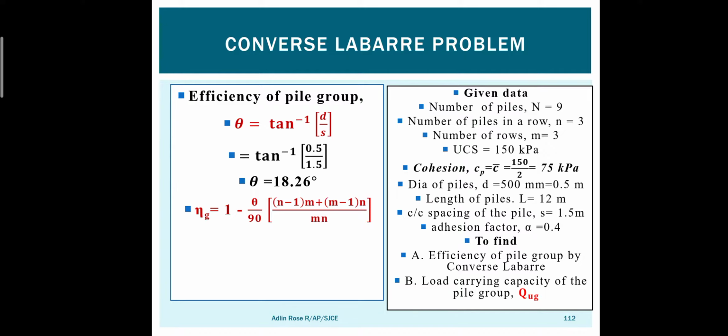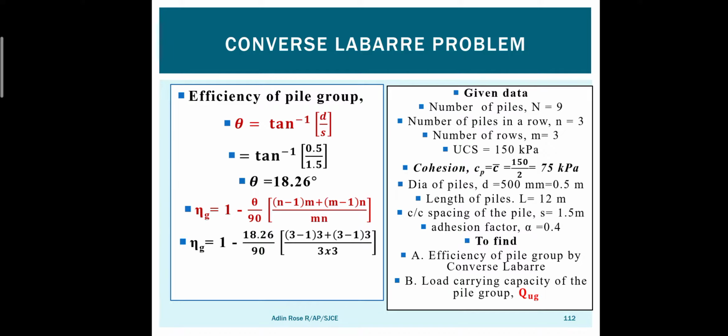So eta g is equal to 1 minus theta by 90. The 90 is also 90 degree, so you substitute the theta also in degree. 1 minus 18.26 degree divided by 90 degree into (n minus 1) into m plus (m minus 1) into n, by mn. What is m? Number of rows. How many rows are given? 3.